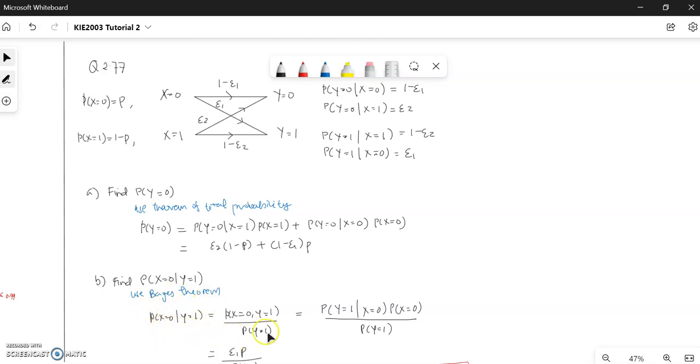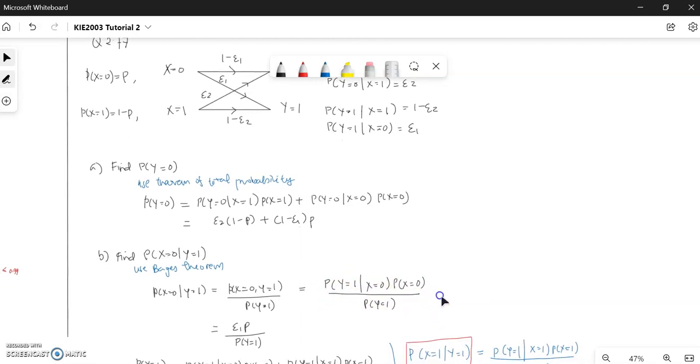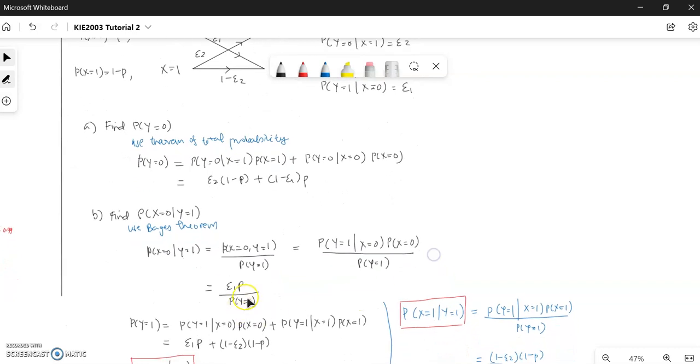Using the definition of conditional probability, you have the joint probability divided by the probability of y equals 1, and the joint you can also obtain from the conditional probability of the output given the input. This is Bayes' theorem. Using this information, we can now find the probability of the input given the output.